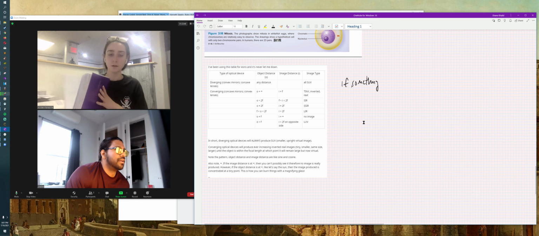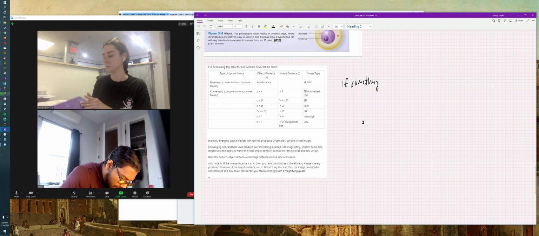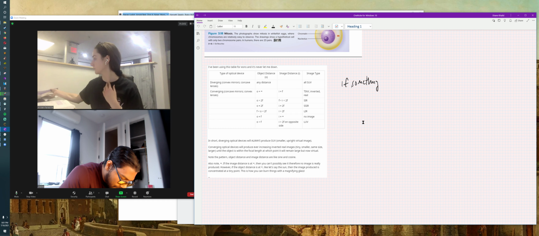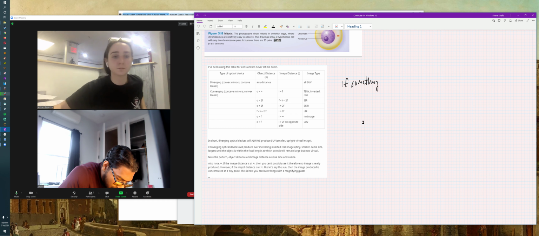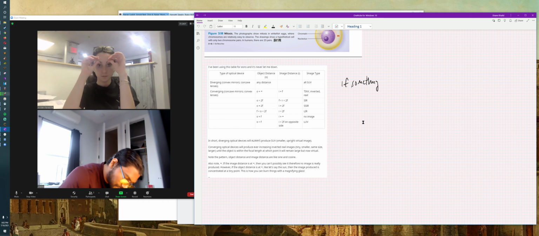Yes. So, I was just going to write, if something is at infinity, the other is at focal length, if that helps.